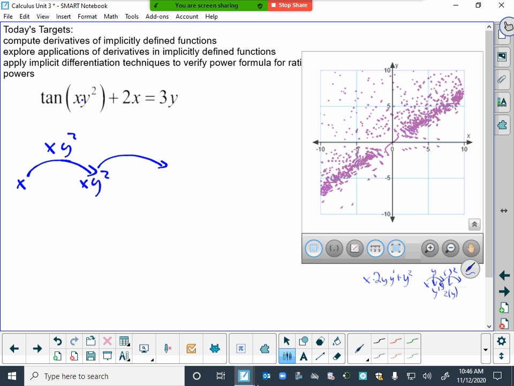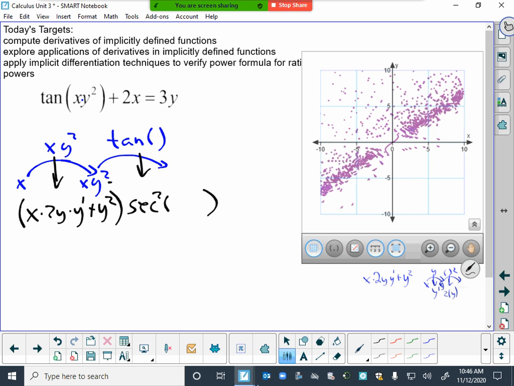And the x times y squared I'm going to load into the tangent function. And to find this, I need to do a product rule. So I get first times the derivative of the second. There's my derivative of y squared again, which I recognize is 2y times y prime, plus the second times the derivative of the first. So that's the derivative of xy squared. And the derivative of tangent is secant squared of xy squared.